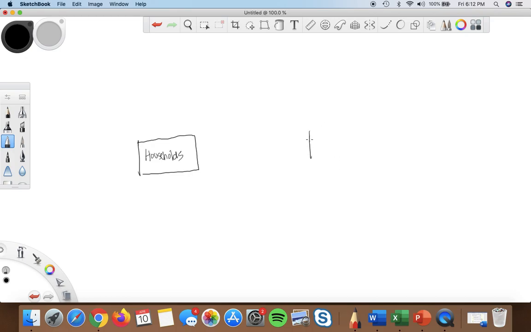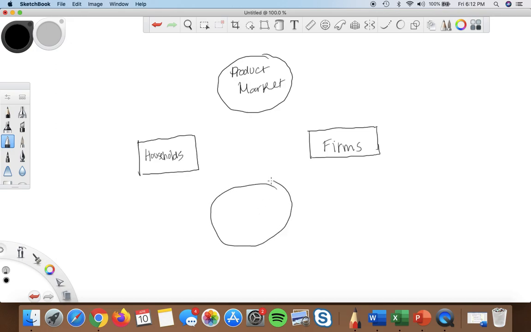And this rectangle over here, that's a better rectangle. This will be the firms. And maybe circles represent our markets. So I think up here is the product market. And down here is my resource market.